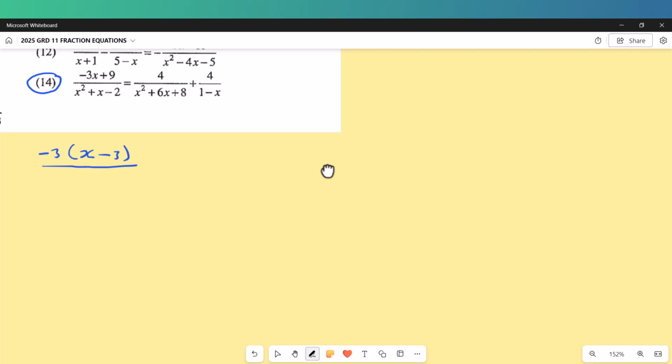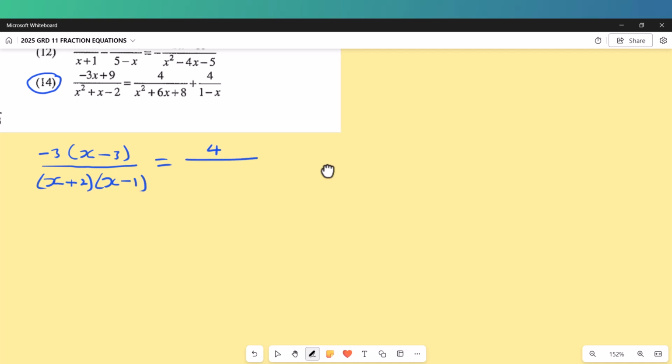This is minus 1, I get positive 1, so it's going to be x plus 2, multiplied by x minus 1. We said that before you get to LCD, you must factorize.